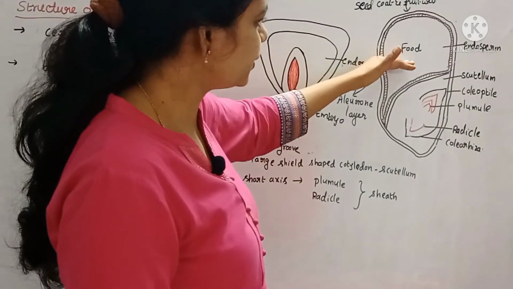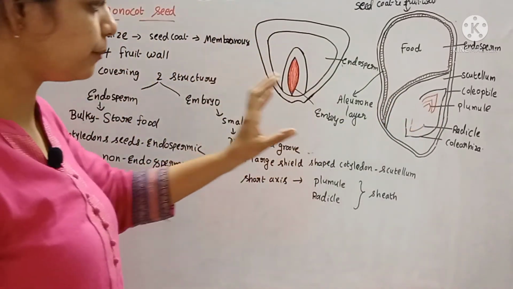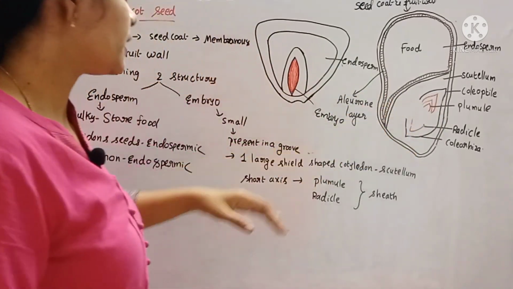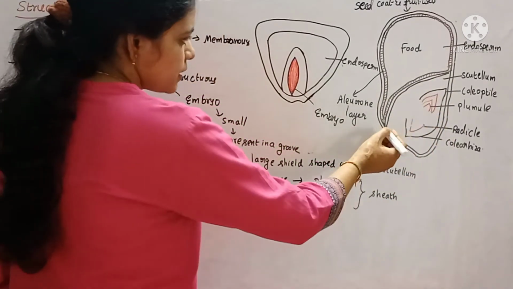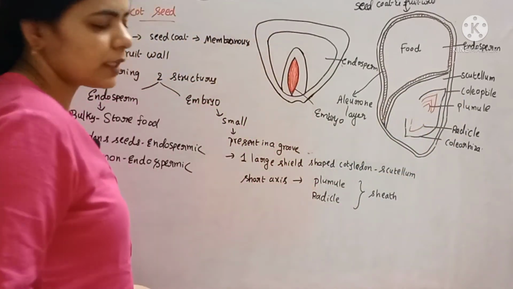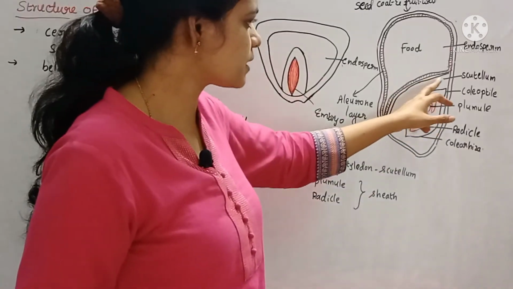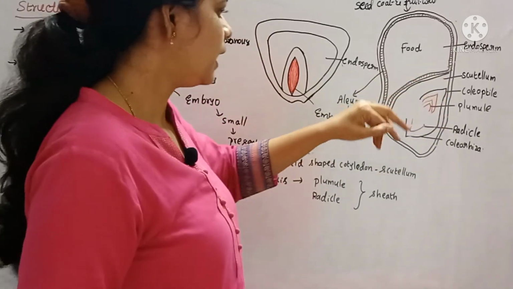And below this endosperm, the embryo is present. The embryo is a small structure. It is present in a groove, and it consists of one large shield-shaped cotyledon which is called the scutellum.